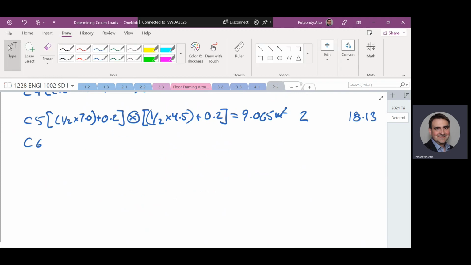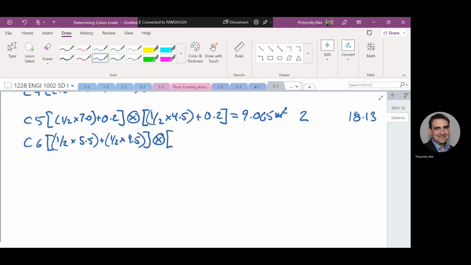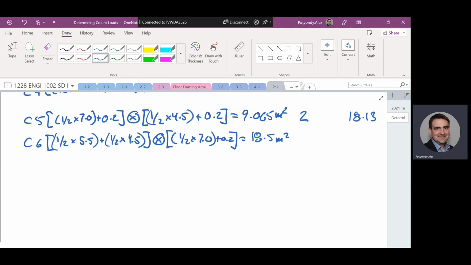But just for fun, I'm going to spell it out in here for C6. 1/2 times 5.5 plus 1/2 times 4.5, close bracket, multiply 1/2 times 7 plus 0.2, and that gives me 18.5 meters squared.